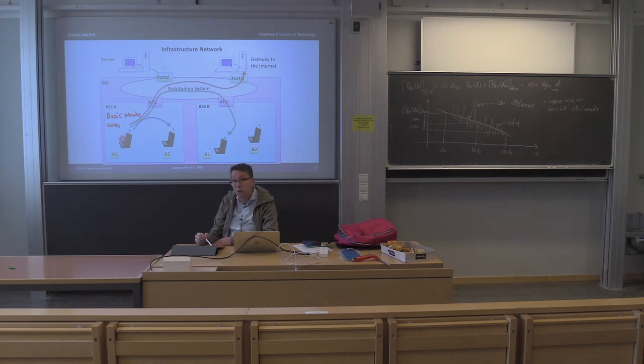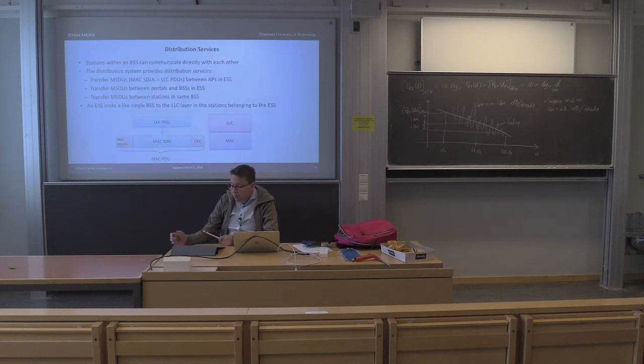So that's probably the most common type of communication. Stations within a basic service set can communicate directly with each other. Through the distribution system, one can also communicate with other stations.